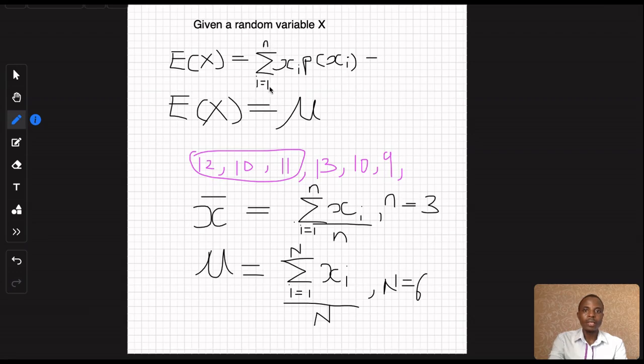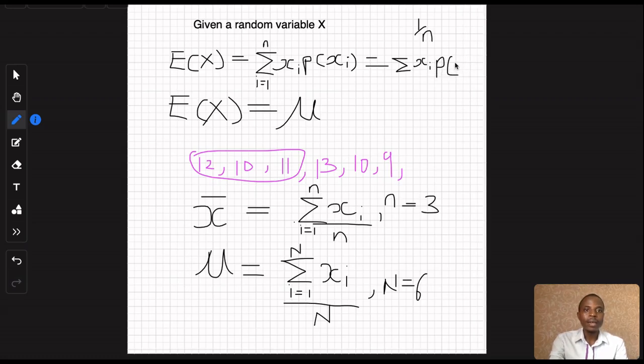All right, in this case, what are we going to have? When each outcome of the experiment has a probability of 1 over n, that is, in the case where each outcome is equally likely, then we can have this.